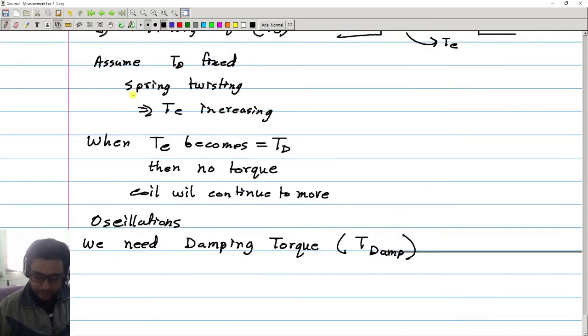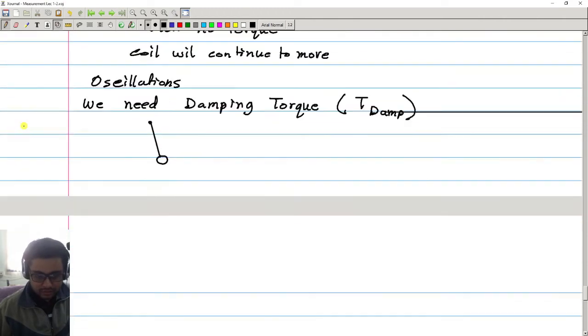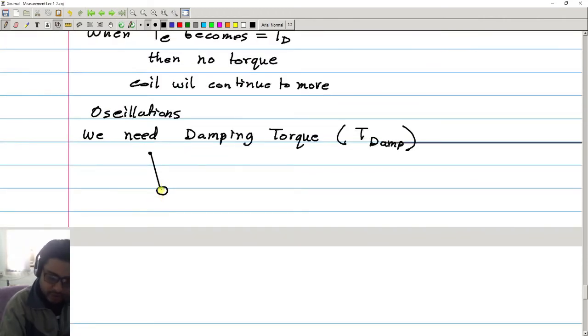Let me give you an example of a damping torque. A very simple situation. Suppose you have a pendulum and you let it oscillate. I mean, you pull it towards one side and leave it, then it will oscillate for a long time.